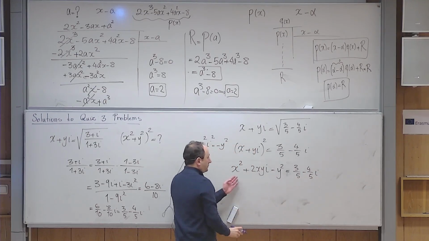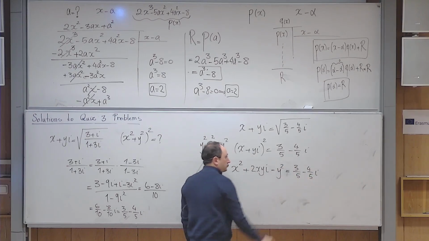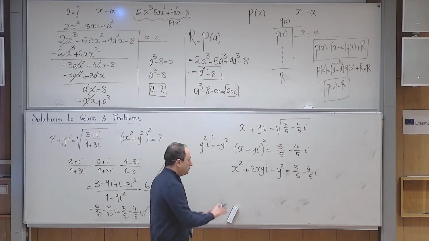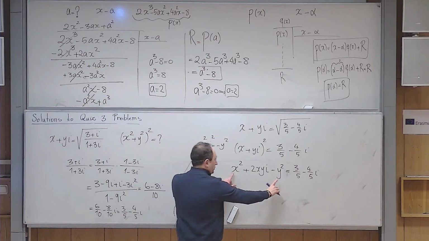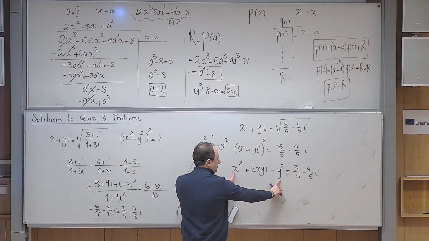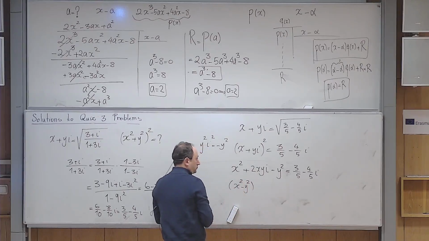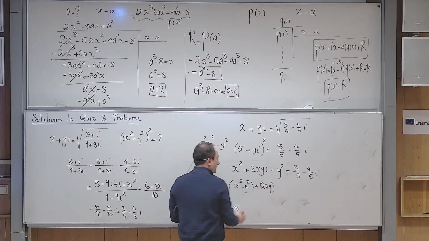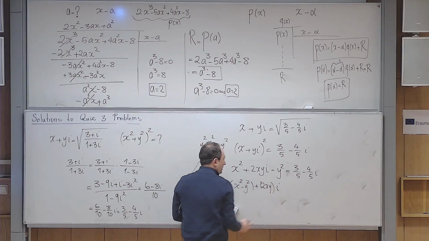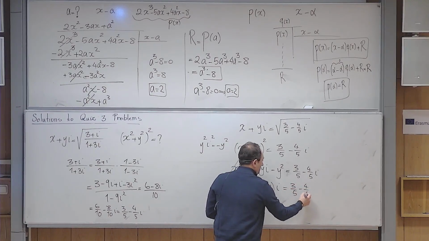Okay, but now I have a complex number on the left equal to a complex number on the right. We know the rule. The real parts should be the same, the imaginary parts should be the same. But there are two without i parts here. So that is in total my real part. So I combine them into one pair of brackets, and then I have 2xy in another pair of brackets, times i, equals 3 over 5 minus 4 over 5i.